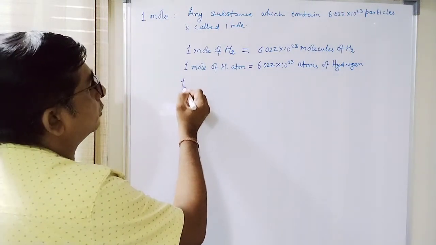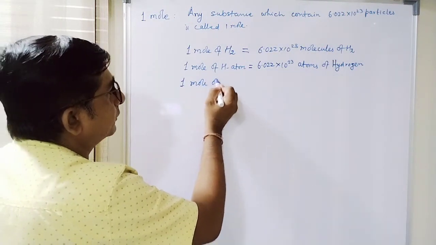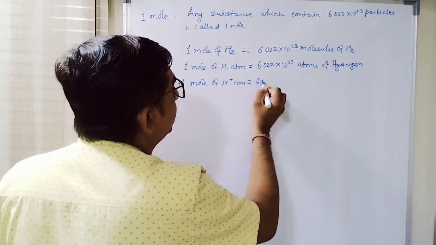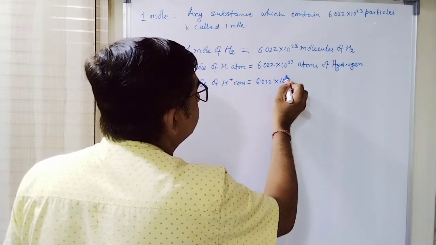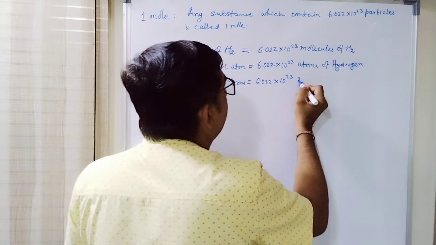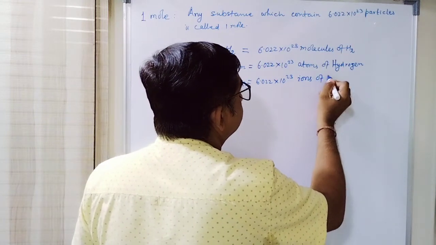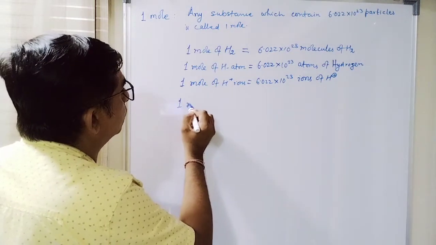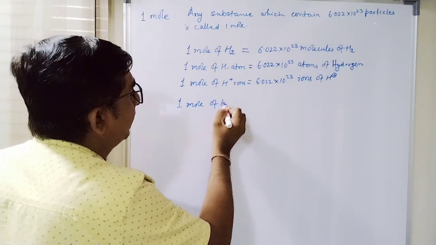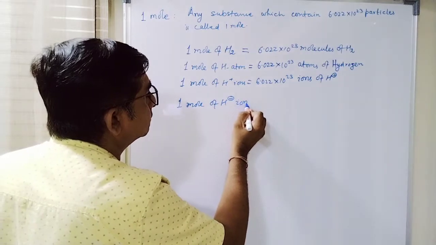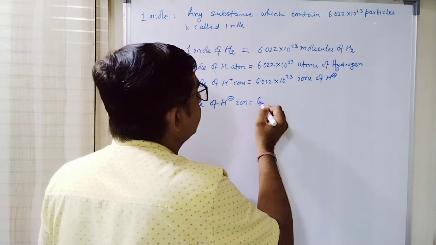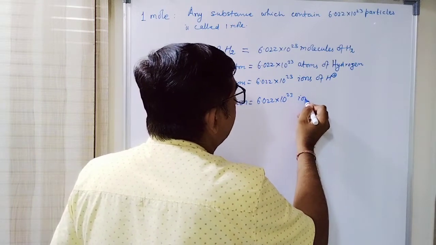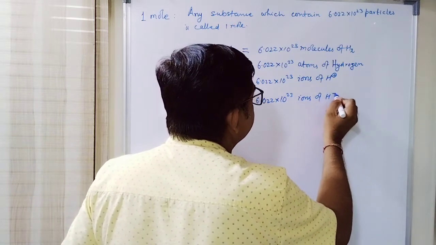If I talk about 1 mole of H plus ions, that means 6.022 into 10 raised to 23 ions of hydrogen. If I talk about 1 mole of H minus ion, that means it will be having 6.022 into 10 raised to 23 ions of H minus.